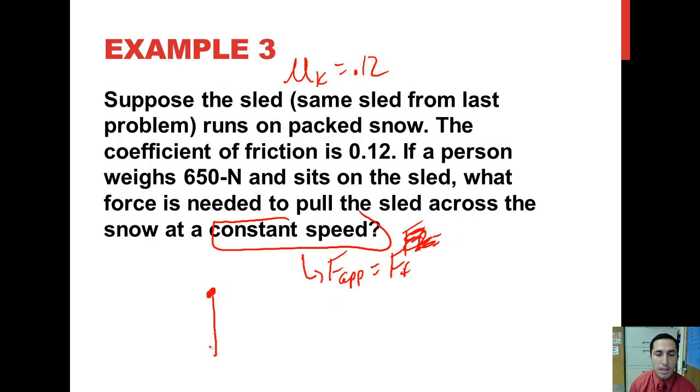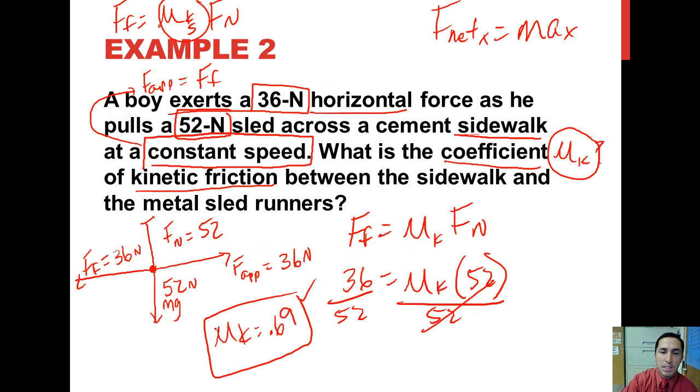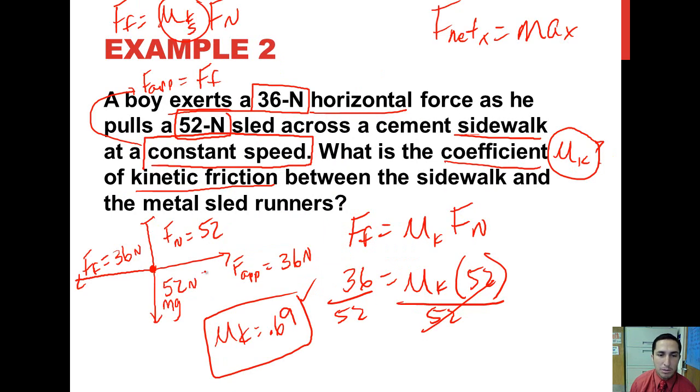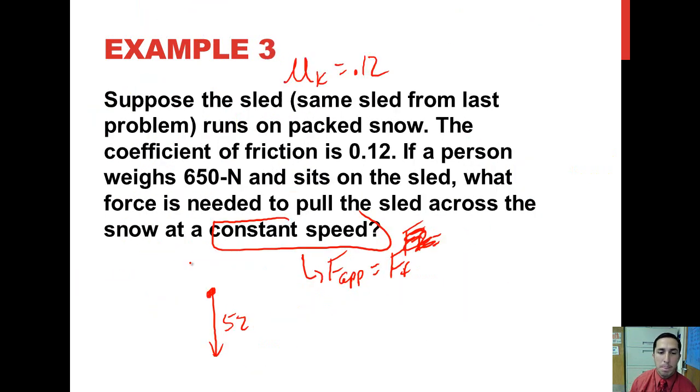So, here's your free body diagram. There's your sled. How much did it weigh in the beginning? 52 newtons. Sorry, it was right here. Let me just show it to you. It weighed 52 newtons. So the sled is weighing 52 newtons, but now a person weighing 650 newtons sits down on the sled. What are you going to do with that 650? You're going to add it to the 52.